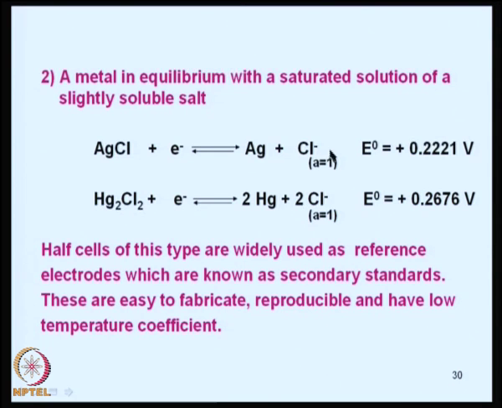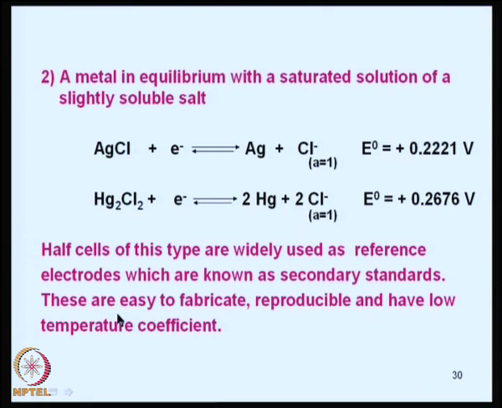So, I can choose the silver chloride electrode as a reference electrode, and mercury chloride also I can use as a half cell and reference cell. Half cells of this type are widely used as reference electrodes, which are also known as secondary standards. So, instead of setting up a primary standard all the time with all its complications, it is better to use a secondary standard.